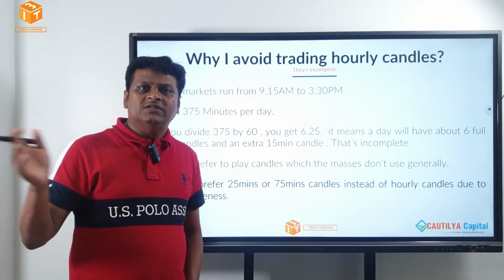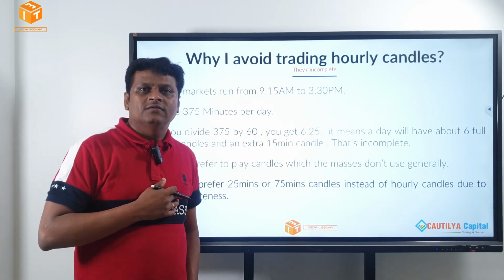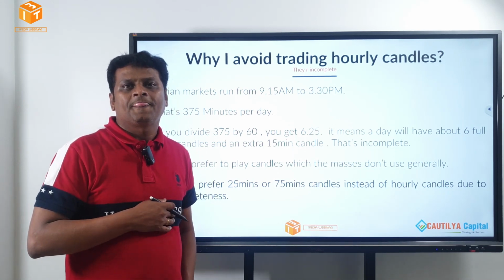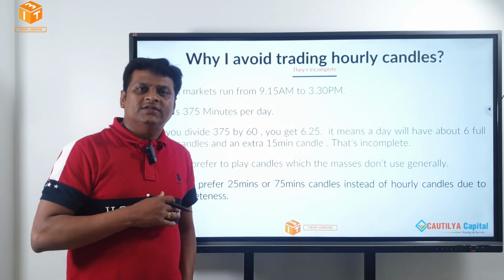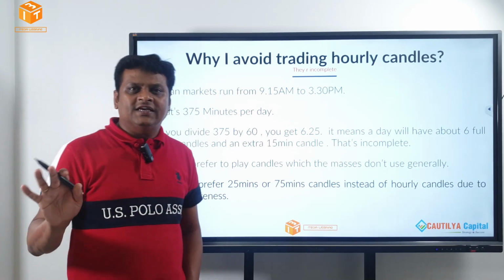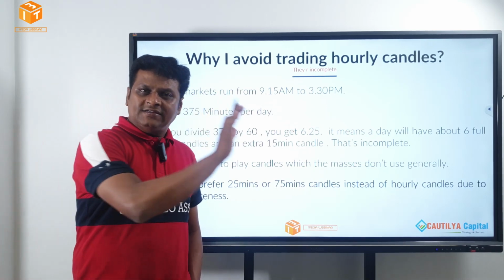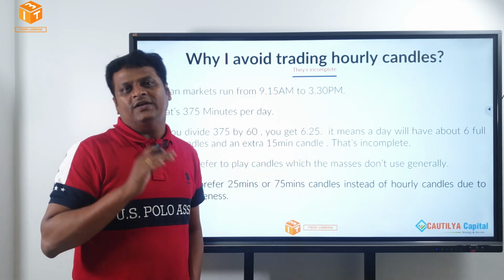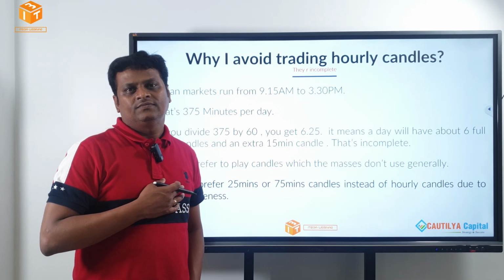Take the Fibonacci numbers which are very close to 200, 250 or 150 levels. They are good. Why? 99% don't use them. That's it. Not because they are a secret formula, but because the maximum herd will not use them, hence you use them. Probably you can escape a stop loss.